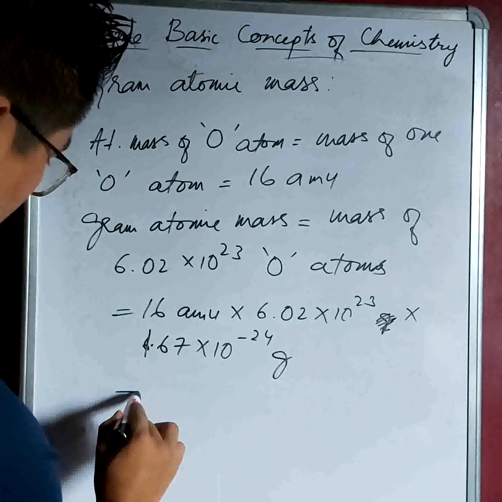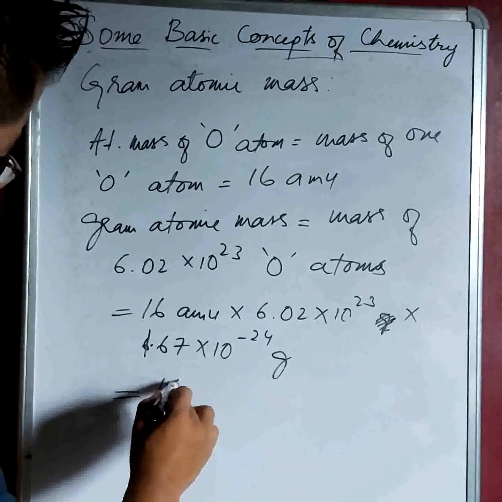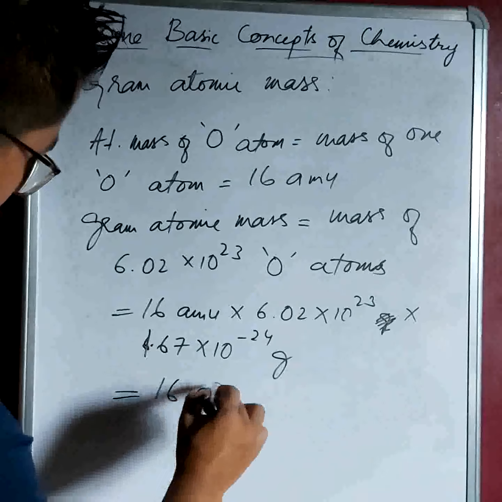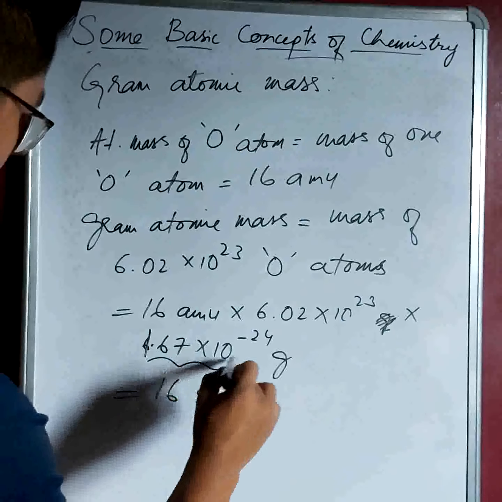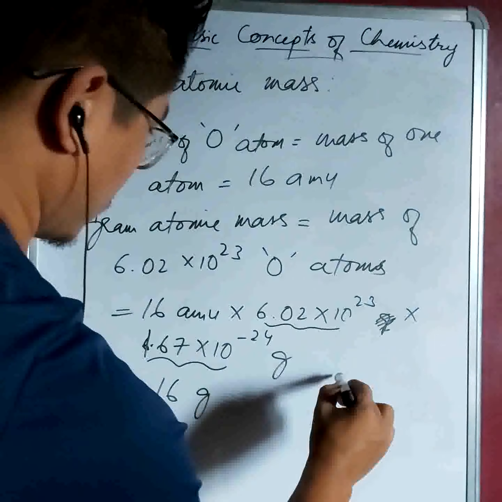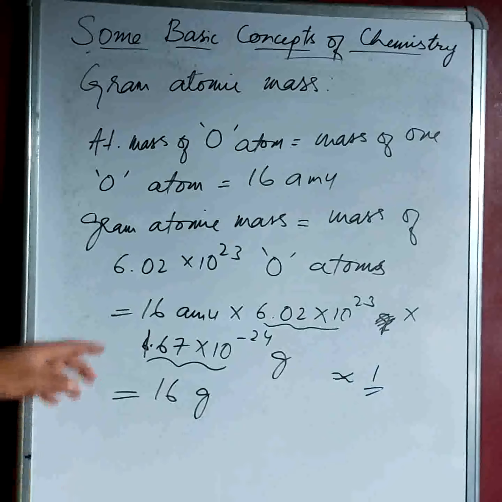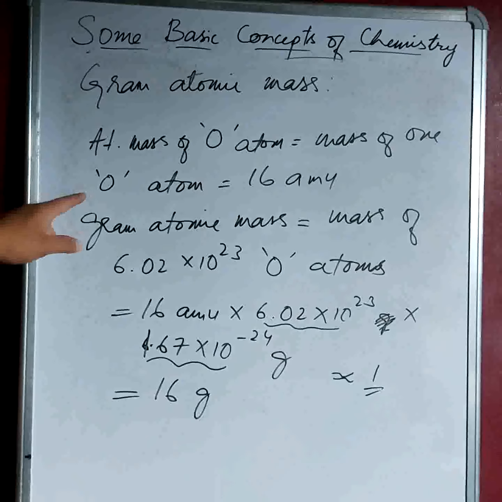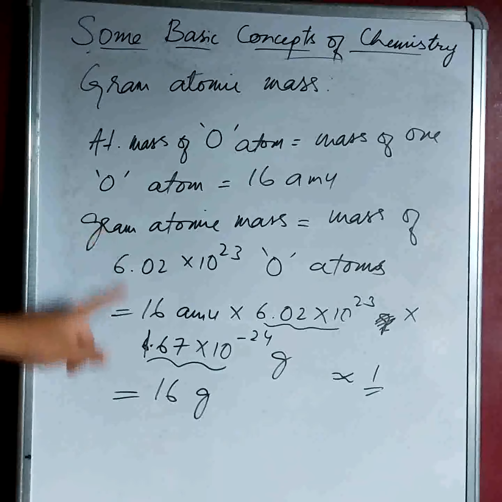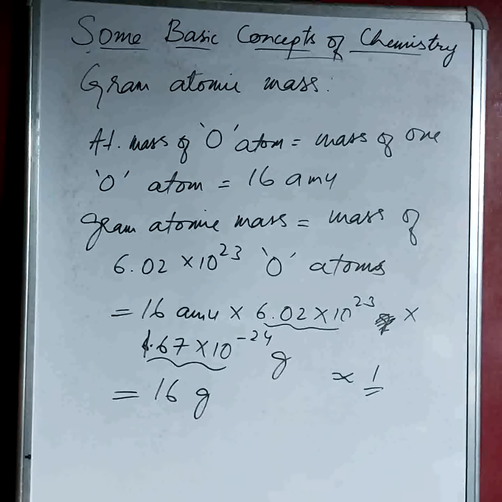Now this is equal to 16 grams, since this and this are equivalent to 1, you can calculate and see. So this suggests that the gram atomic mass of oxygen is 16.